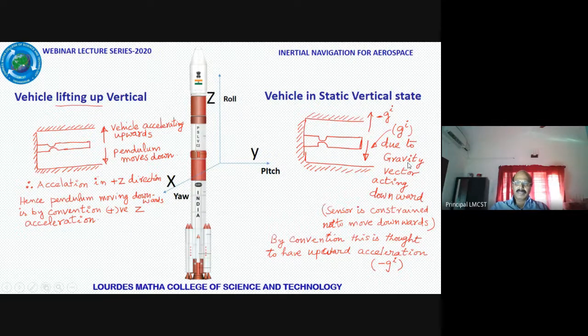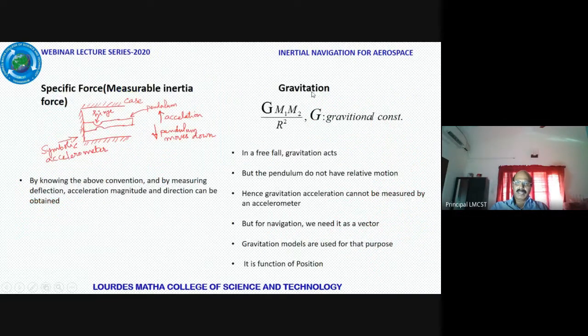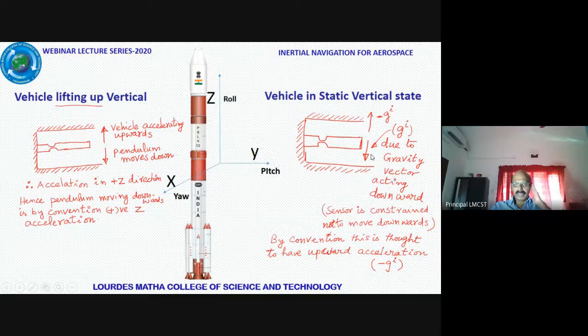Gravity vector and gravitation are slightly different. In high school we used to study them, but here this is very important. That small difference will make a whole lot of things different. And this gravity vector is downward in a particular location.